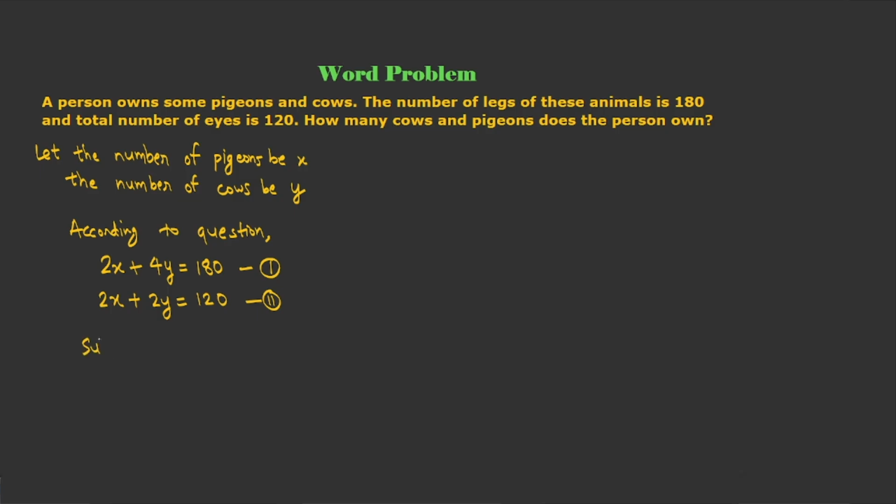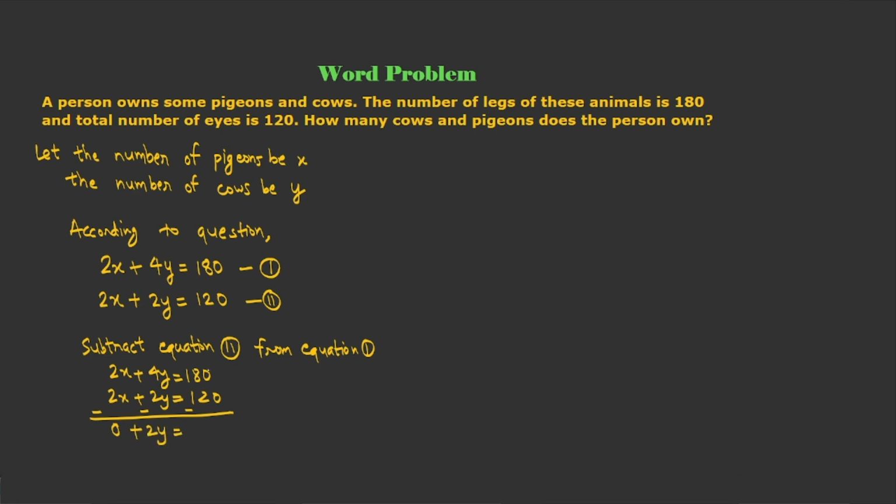So subtract equation 2 from equation 1. 2x plus 4y equals 180, 2x plus 2y equals 120, and you will subtract. 2x and 2x get cancelled, you will be left with 0. 4y minus 2y leaves 2y, and 180 minus 120 leaves 60.